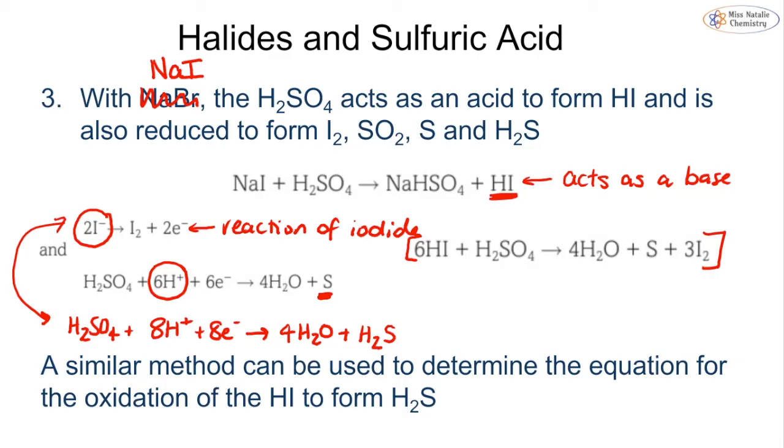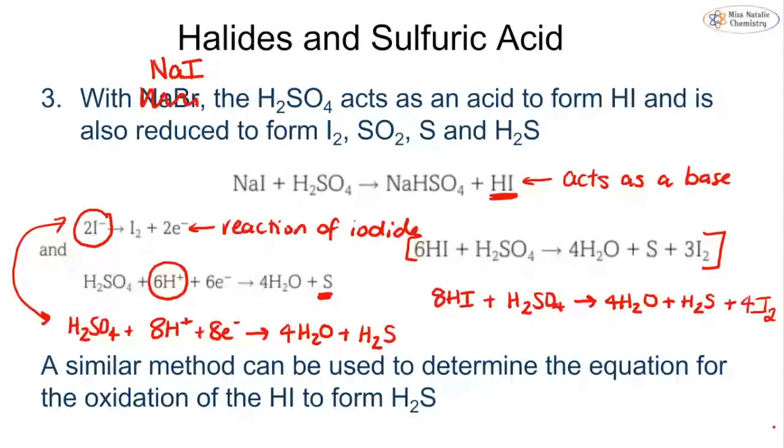So I'm going to have 8 hydrogen iodides plus H2SO4 to give me 4 waters plus the hydrogen sulfide plus 4 iodine molecules.